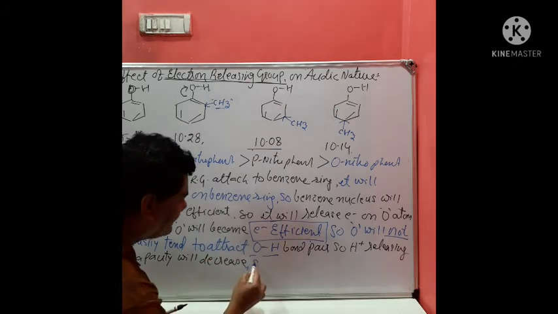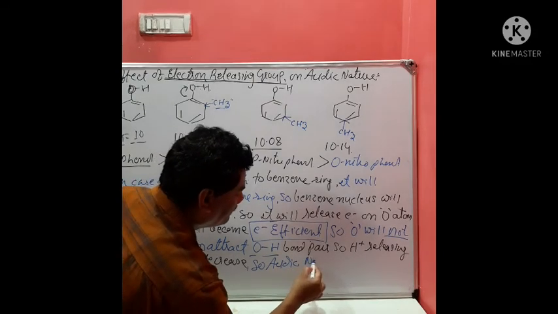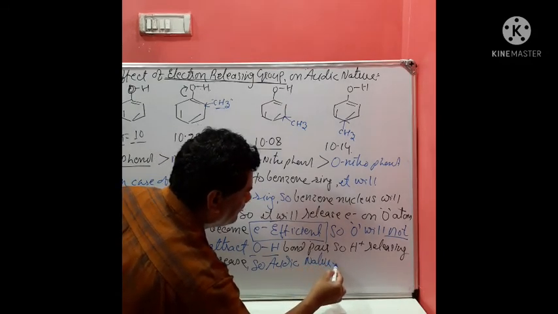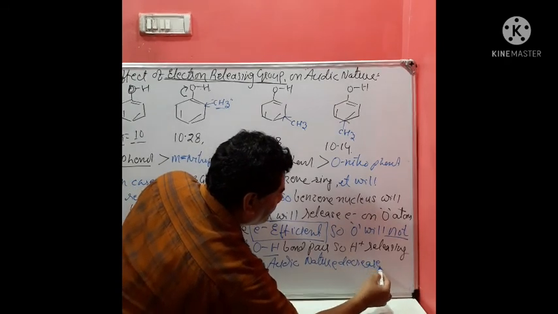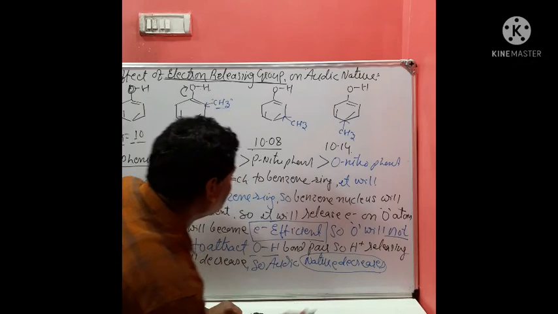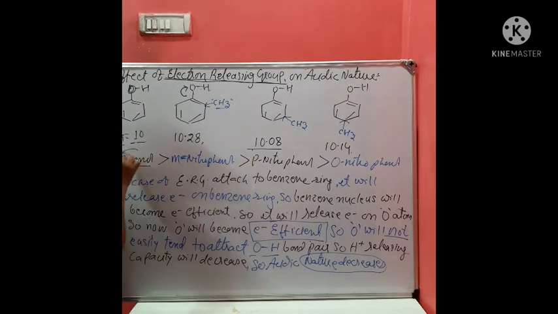So acidic nature decreases. Means all the derivatives will be less acidic as compared to phenol. That is, in the case of an electron releasing group, the phenol will be most acidic.